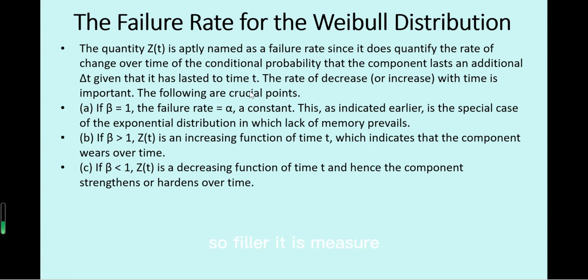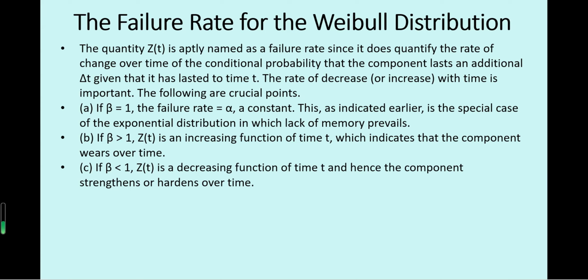So failure rate measures how likely it will fail if it has used time t, but in the next very small delta t. So say we have lived 1 year, but what is the death rate from this point? You ask such a question.